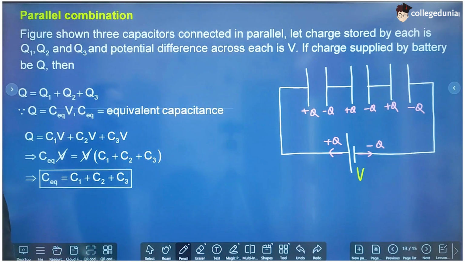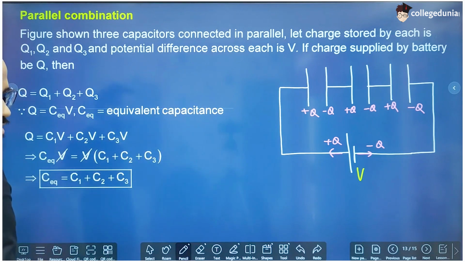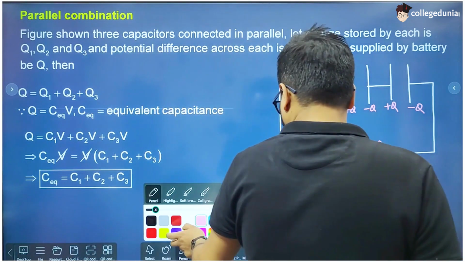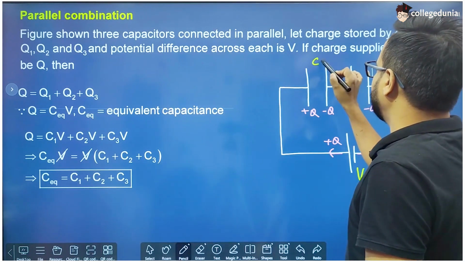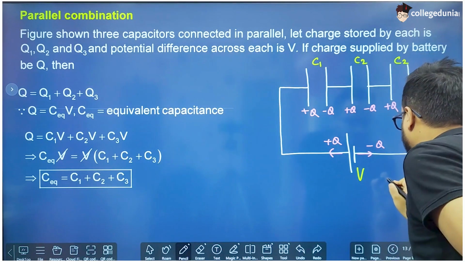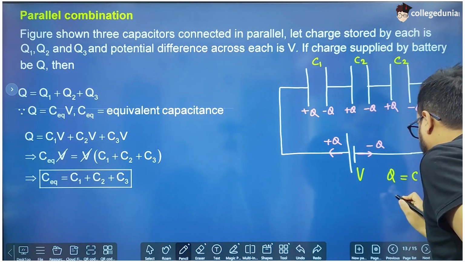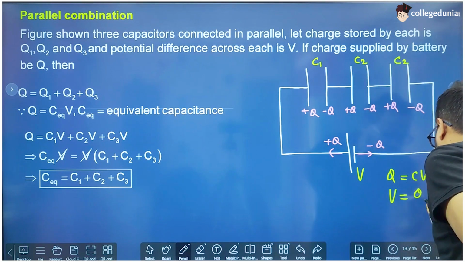from this topic, that charge remains the same when the capacitors are connected in series. The capacity of this is C1 and capacity of this is C2 and capacity of this is C3, and we know that Q is CV. So Q is the same for everyone and C is different for everyone.